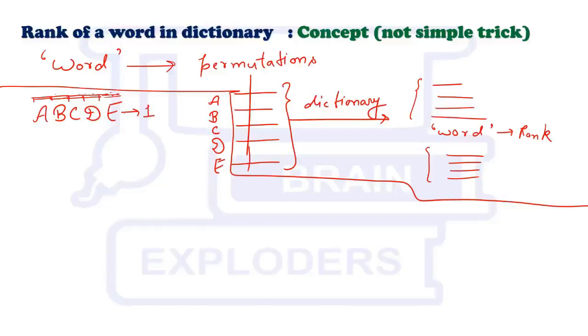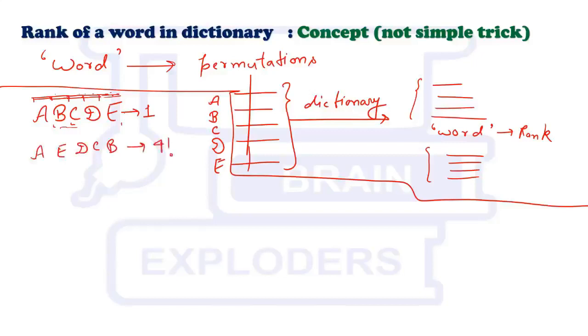The next logic that we will use is that we will not change a place unnecessarily. Suppose we have written all the permutations of A, that is all the permutations of B, C, D and E, then in the last we will obtain something like this: E, D, C, B, A, and its rank will be 4 factorial. Why?